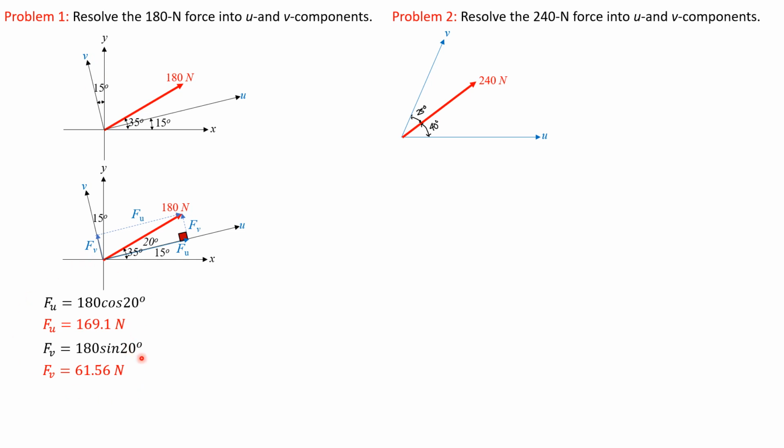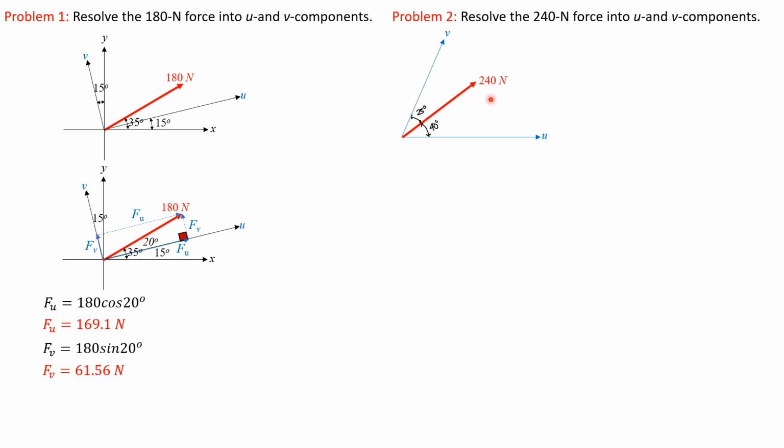In this example, it happens that the U and V axes are perpendicular to each other. Definitely, in the next problem, U and V are no longer perpendicular to each other, and we use the first axiom of mechanics, the parallelogram law, or we can reduce the parallelogram to a triangle.